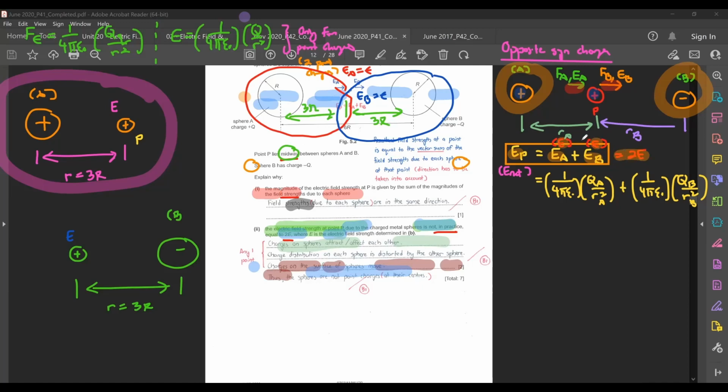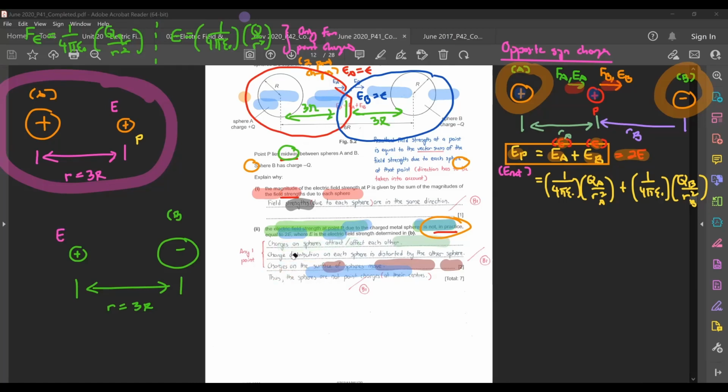That is the understanding here. So the question now is saying, why is it that this is not the case in real life? Why is it not 2E in practice, in reality? Okay, so this one, you need to kind of explain it in this manner here.